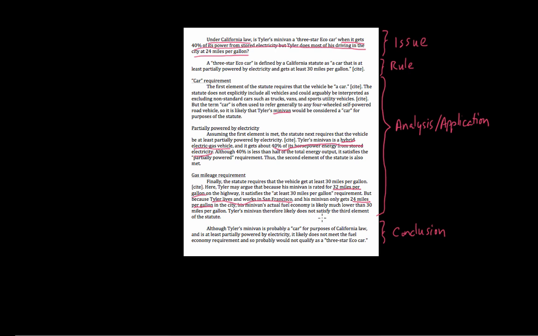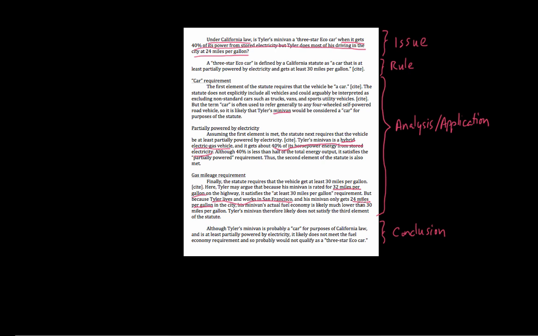We don't just want to say in this third element, for example, well, Tyler actually probably gets closer to 24 miles per gallon and expect the reader to just take our word for it. We need to give this specific fact so that the reader can see for himself or herself that this particular element is or is not met.